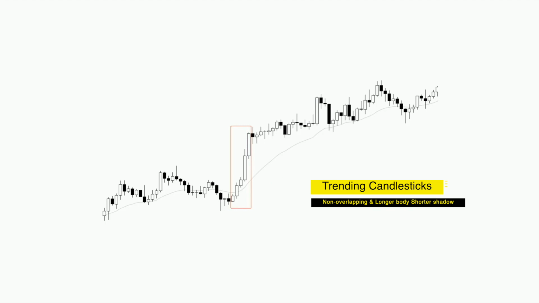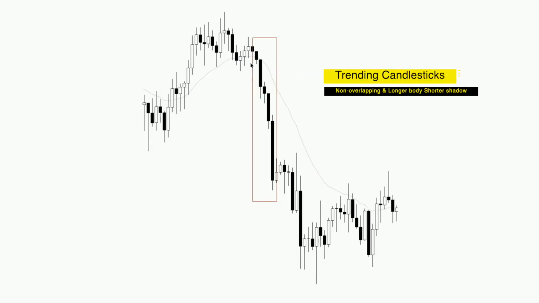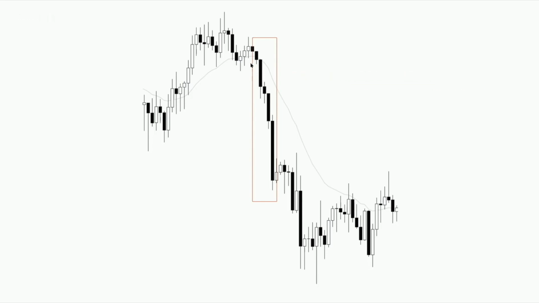The fewer overlapping parts and shadows in a series of trending candlesticks, the stronger the energy. As we can see from the diagram, there is a wave of rapid bullish movement here, followed by a follow-up action in the market. We can also look at a series of non-overlapping trending candlesticks in a bearish market. The fewer overlapping parts, the stronger the trend energy, and the market usually follows up with corresponding actions.